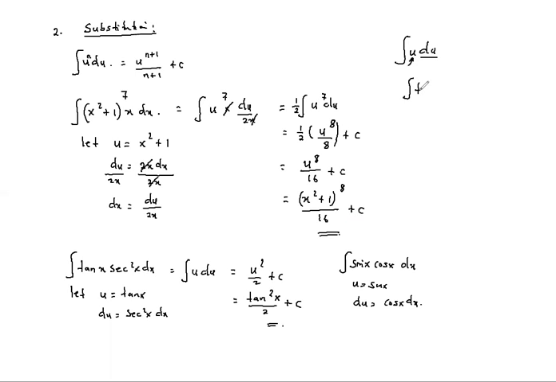So if I have tan and sec squared, the derivative of tan is sec squared. So I'll make tan to be u. So the sec squared is the du. And that is how I know.